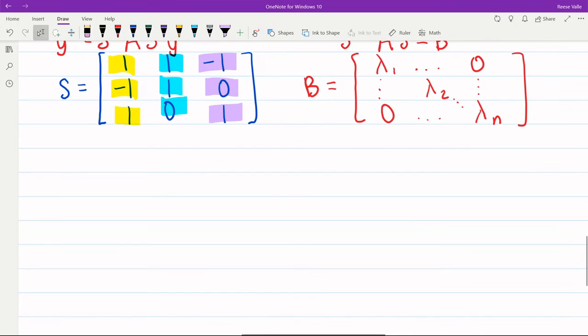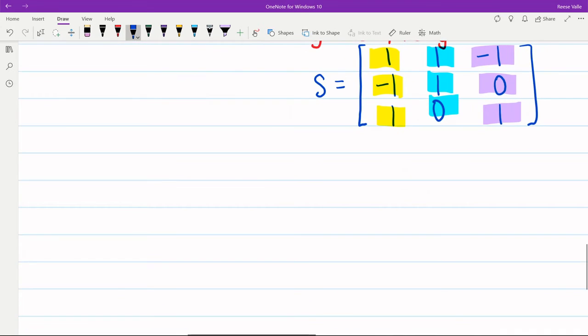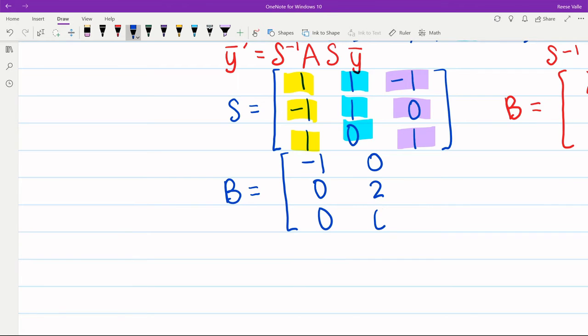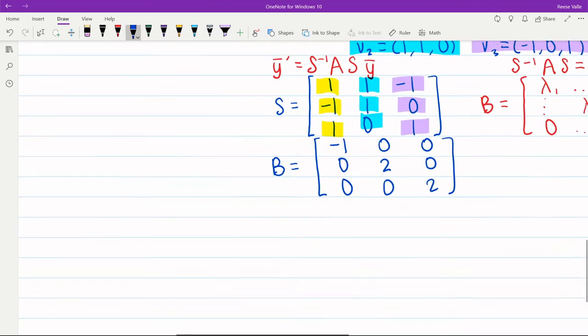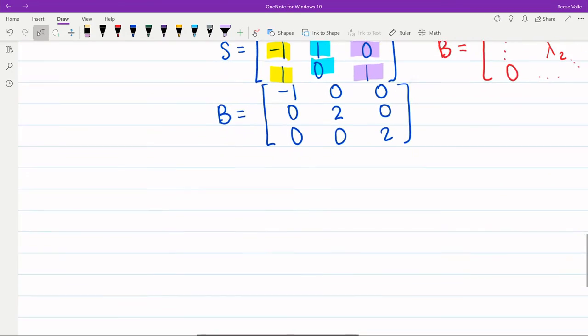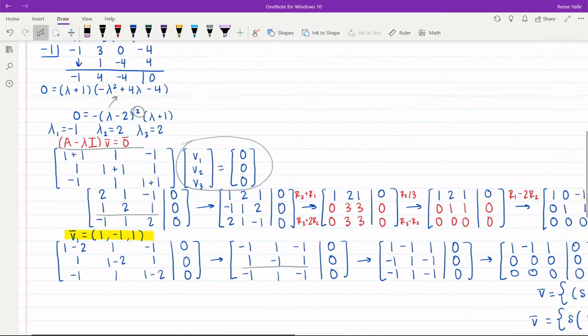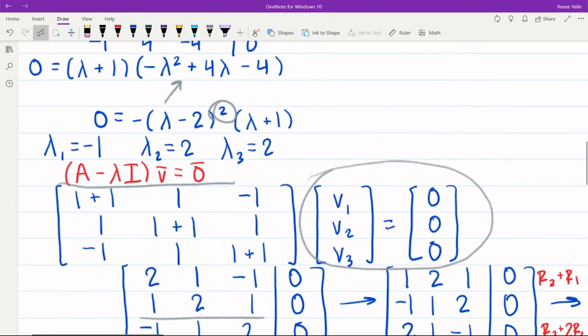So B in this case is going to be -1, 0, 0, 0, 2, 0, 0, 0, 2, because you got 2 twice. Remember from up here, the multiplicity was 2.